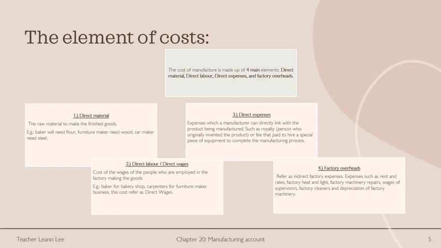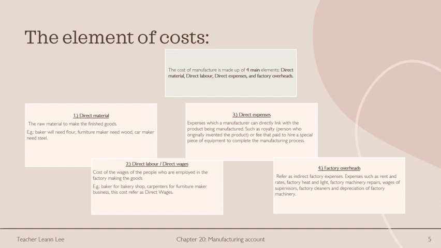The third one is direct expenses. These are the expenses which a manufacturer can directly link with the product being manufactured, such as royalty. What is royalty? Royalty is paid to the person who originally invented the product. They might have their own logo and their own name, so you need to register it, and it is solely for your own use, so other people cannot use your name.